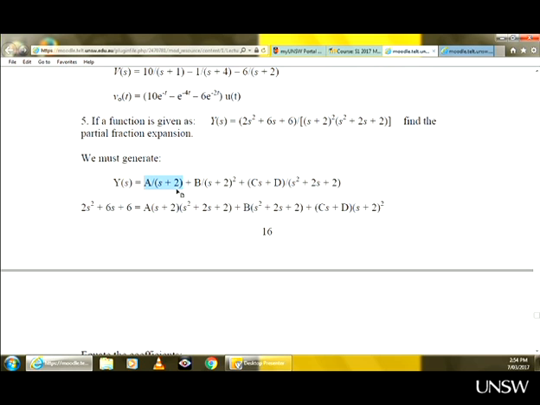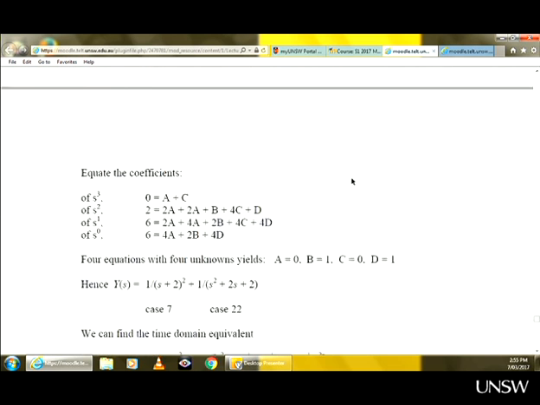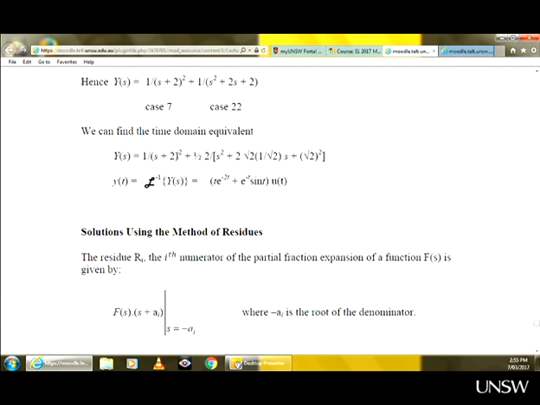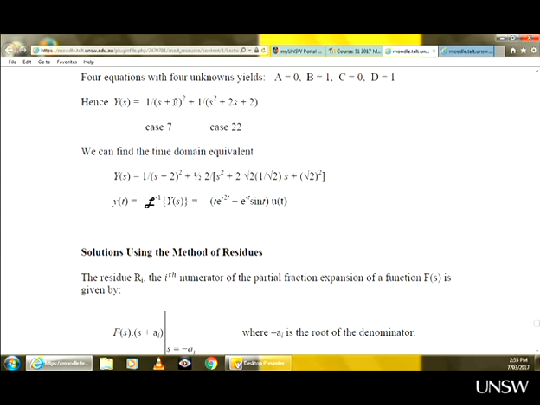B is 1, so we have 1 over S plus 2 squared. C is 0, good news, and D is 1, so this is 1 over S squared plus 2S plus 2. So here we are, 1 over S plus 2 squared plus 1 over S squared plus 2S plus 2.